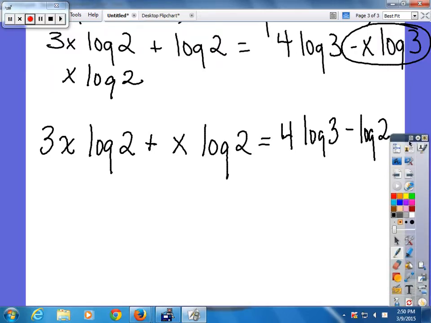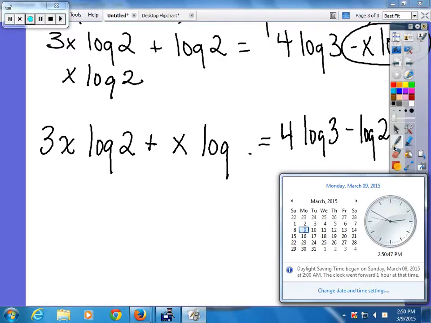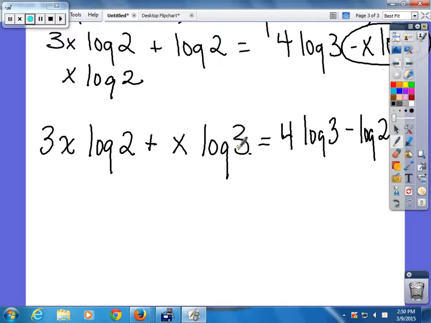Okay, I just rewrote it. That's all right. I don't know where I got that. Okay. I don't know where I got that log of 2. Now over here you can do your calculations with your calculator to get some kind of decimal here. This one is supposed to be the same.